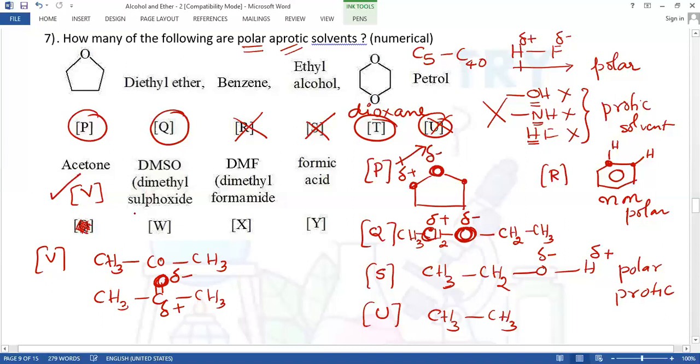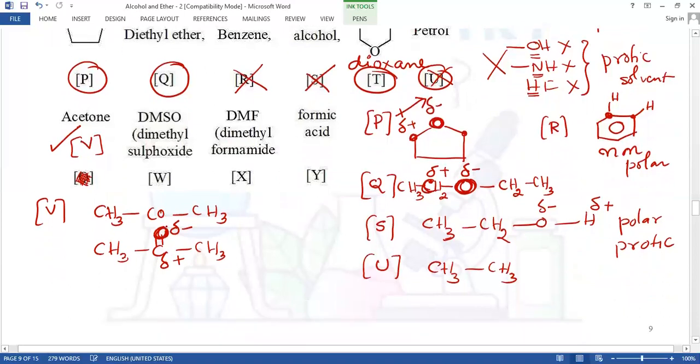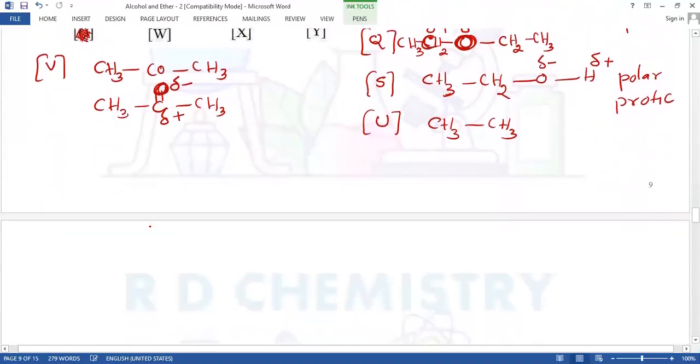Next one, W they are given. W is DMSO. What is DMSO? That is dimethyl sulfoxide. Let me write the structure of dimethyl sulfoxide: sulfur with oxygen, sulfoxide, dimethyl, CH3 and CH3.